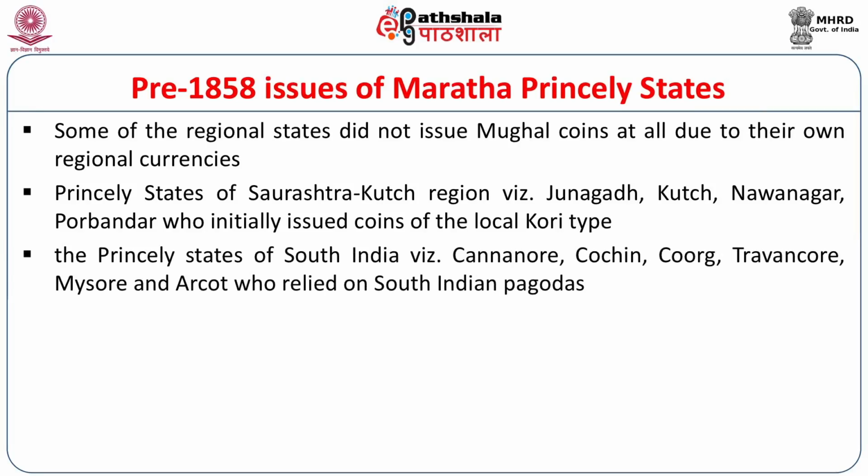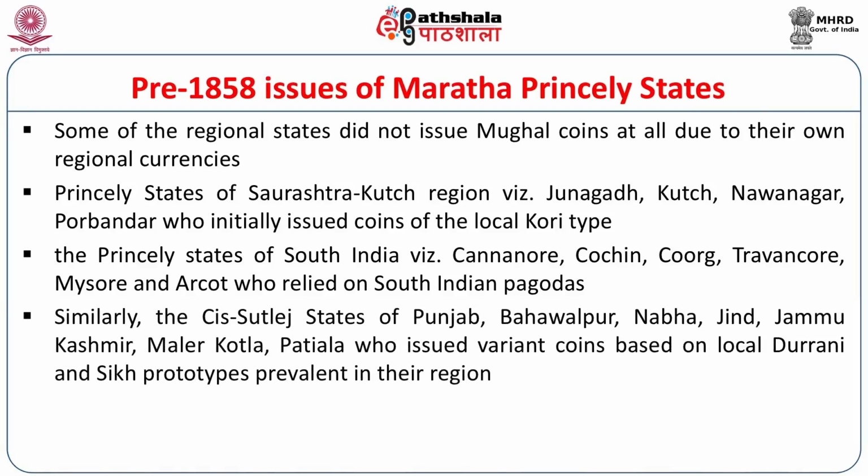Similarly, princely states of South India, Cannanore, Cochin, Coorg, Travancore, Mysore and Arcot relied on South Indian pagodas. Also, the Cis-Sutlej states of Punjab, namely Bahawalpur, Nabha, Jind, Jammu, Kashmir, Malerkotla and Patiala, issued variant coins based on the Durrani and Sikh prototypes which were earlier prevalent in the region.